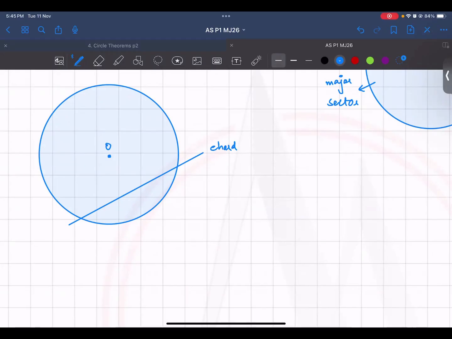A chord is a straight line which is passing through 2 points on a circle. So the 2 points are, let's suppose this is A, this is B. So this is a chord, and the chord separates the circle into two parts. What is this portion called?